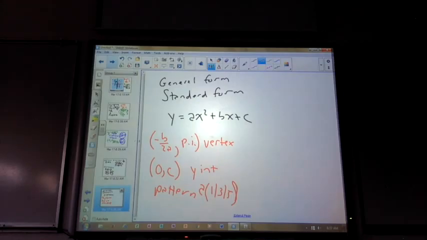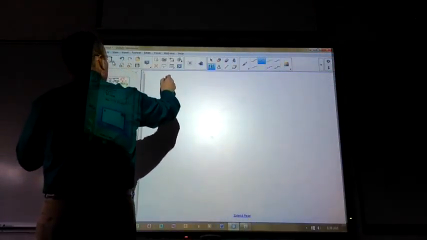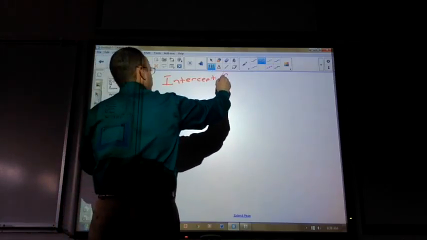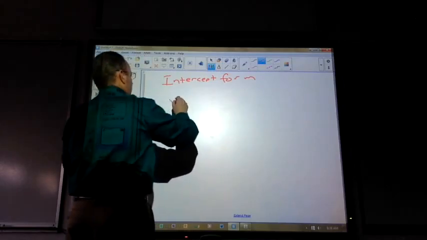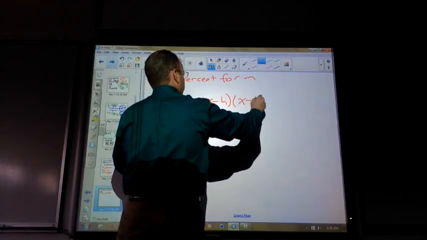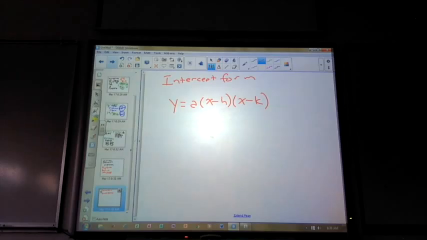Okay, and yes, you could look at the example, but I'm pretty sure you're okay with looking at that. Now, I want to modify the intercept form a smidge because I don't like something that they have in there. But we're going to put it up here. Intercept form. And they have it listed like this. Now this is what I don't like. I don't like the h and the k because h and k refer to the vertex in vertex form. h and k up here are not the vertex.